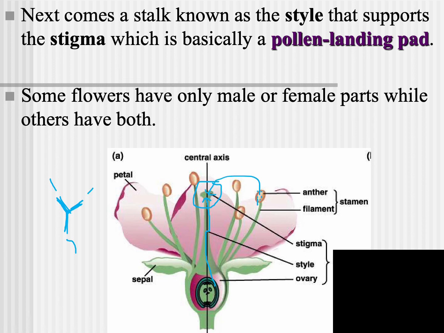And that's why it's called the pollen landing pad, because it gets stuck in that sticky, sugary stuff. And then it's kind of interesting that part of the pollen's job is to digest its way downward. The pollen has the sperm inside, so that the sperm can meet up with the egg inside of the ovary.